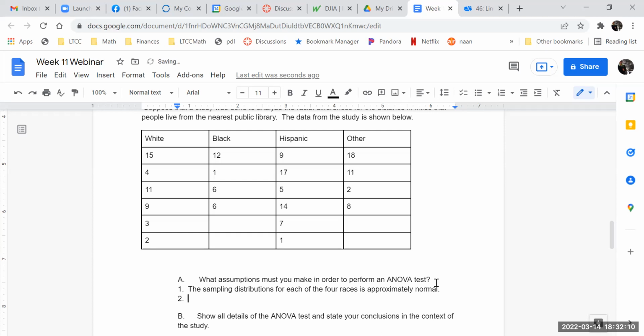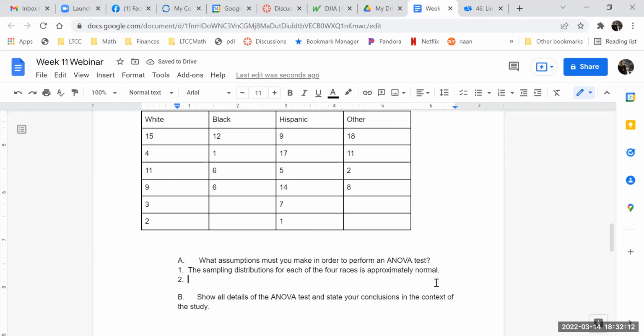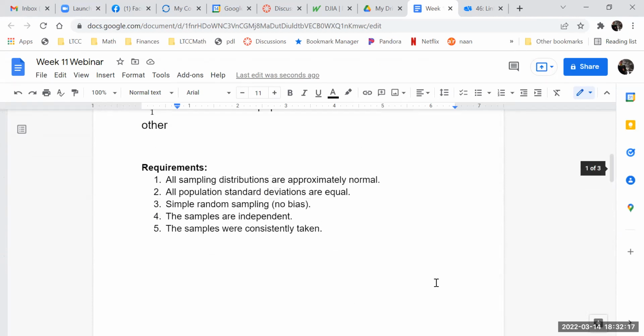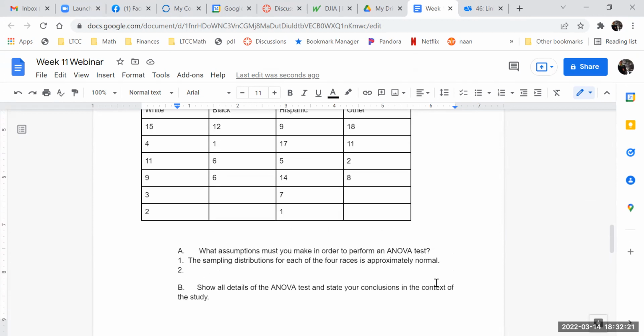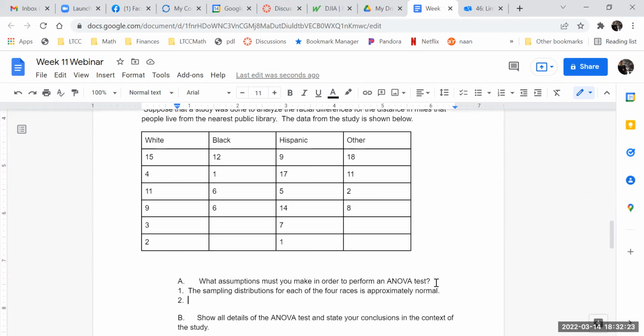Any questions on the first one? Okay, let's go to the second one. That was all population standard deviations are equal. Is there any knowledge that we've got that they're equal, so we don't have to make that assumption? No, so we better assume that.